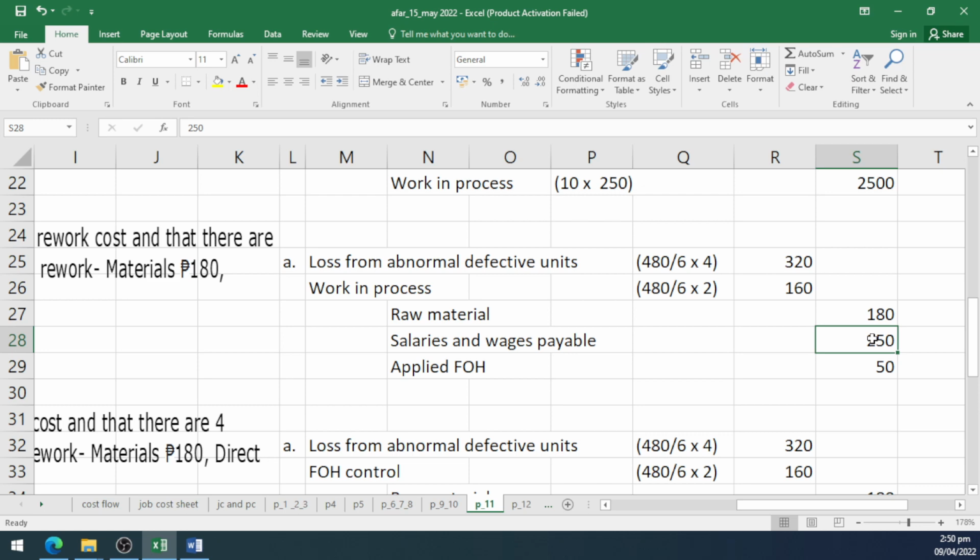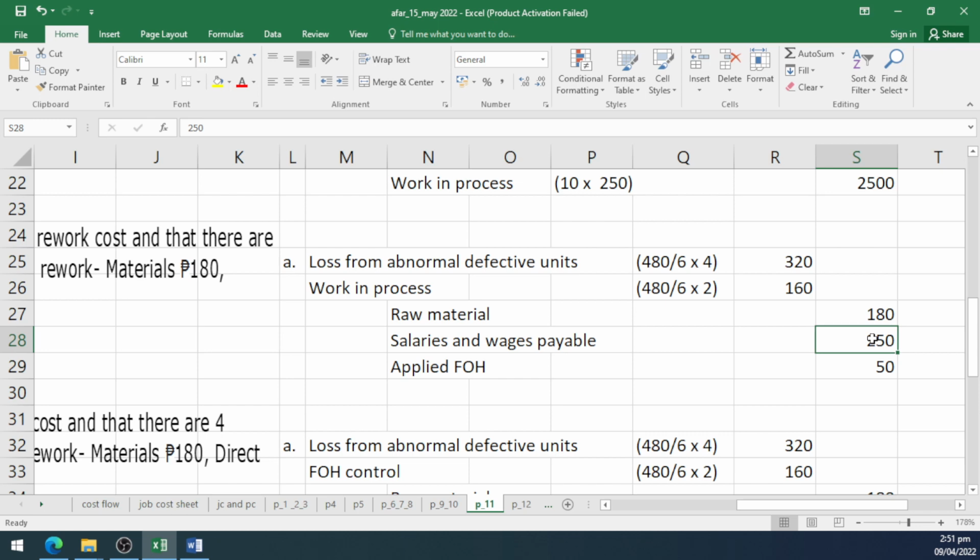The cost of normal rework, and again, charge to a specific job po ito. Kasi yung overhead rate, it does not include allowance for the work. Ibig sabihin nun, ito ay rework na nangyayari sa particular na job. There is no predetermination.